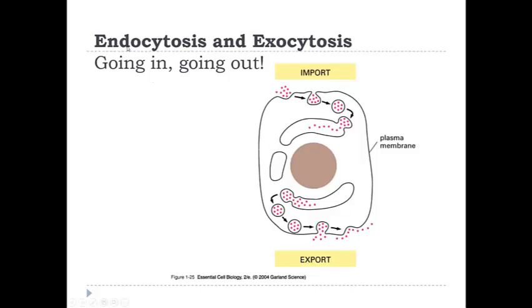Finally, there are also the endocytic vesicles and exocytic vesicles. So endocytosis, endo meaning in and cyto meaning cell, is the process by which the plasma membrane pinches in and brings materials from the outside of the cell to the inside of the cell.